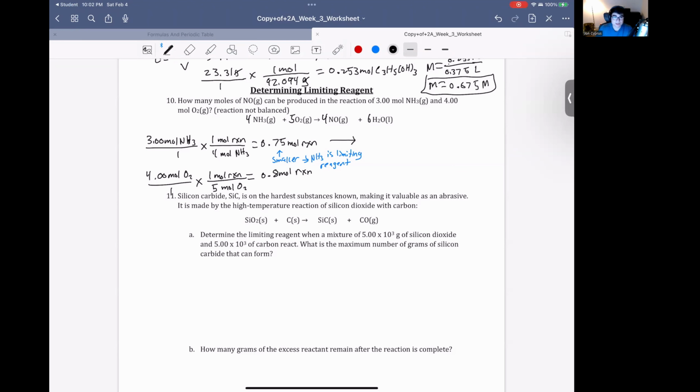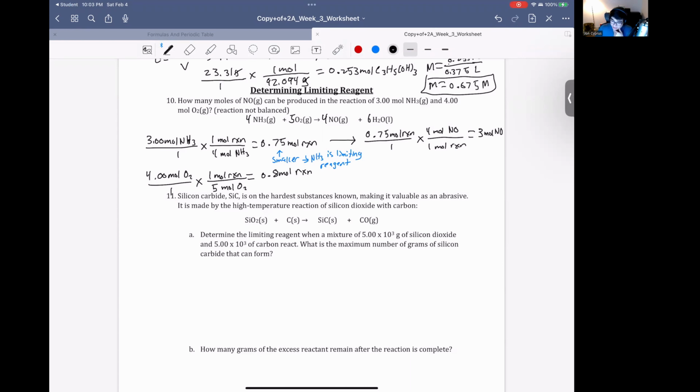So if you're using this, again, for this mole of reaction, right, for every 1 mole of reaction, I get 4 moles of NO. Right, so then it just ends up going back to 3 here. Okay, so you get 3 moles of NO, right?